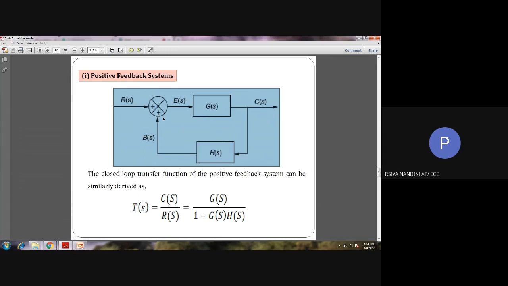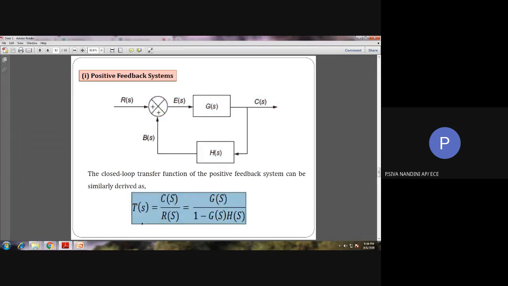In positive feedback system, the output C of S is fed through this block H of S with a positive sign. By applying the previous procedure, we obtain the transfer function.